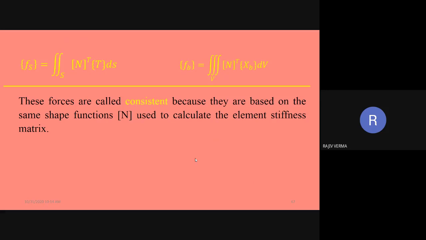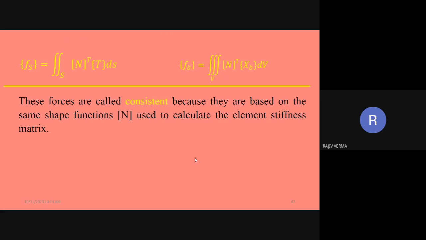Now these two forces, that is Fs and Fb, are called consistent forces because they are based on the same shape functions used to calculate the element stiffness matrix.